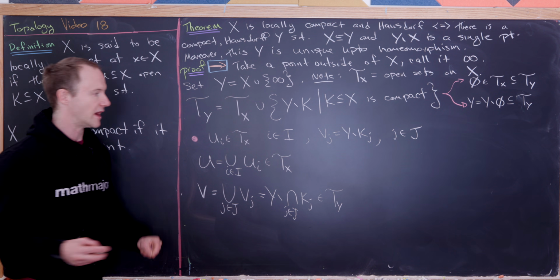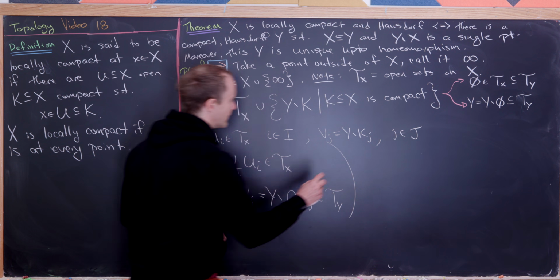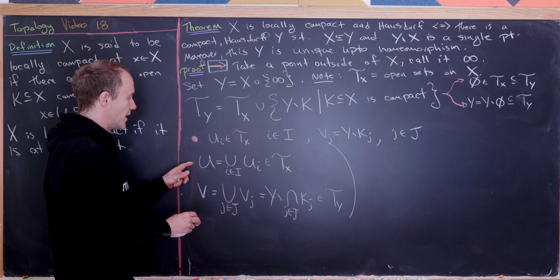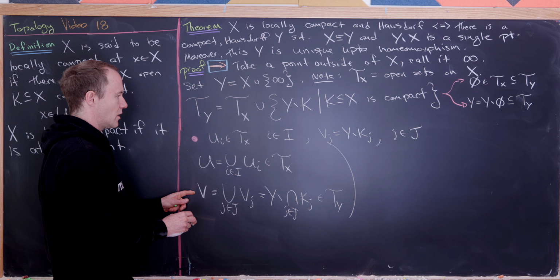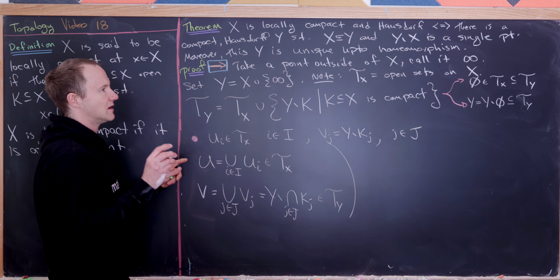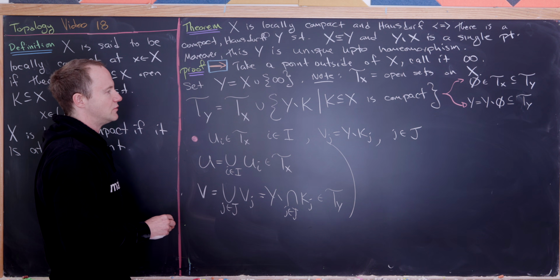So anyway, in a bit of a summary, we only have to take one open set like this and one open set like this to take the maybe different type of union condition.